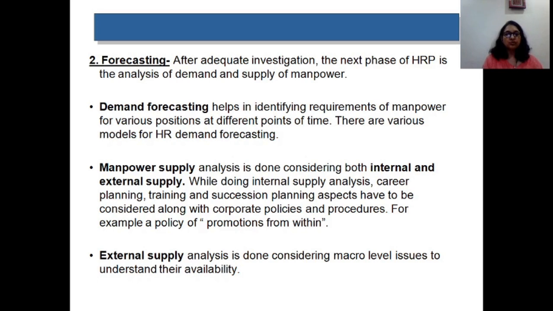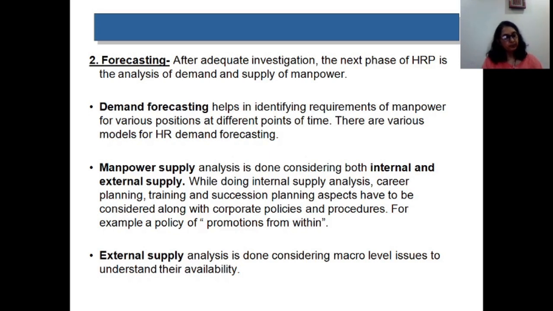So for internal supply, the organization should also consider the career planning, training, and succession planning aspects, along with the corporate policies and procedures.